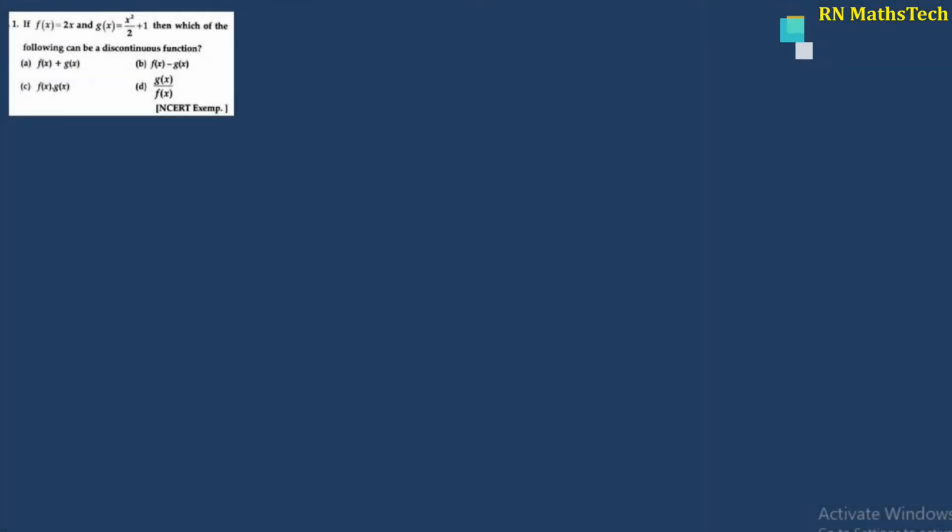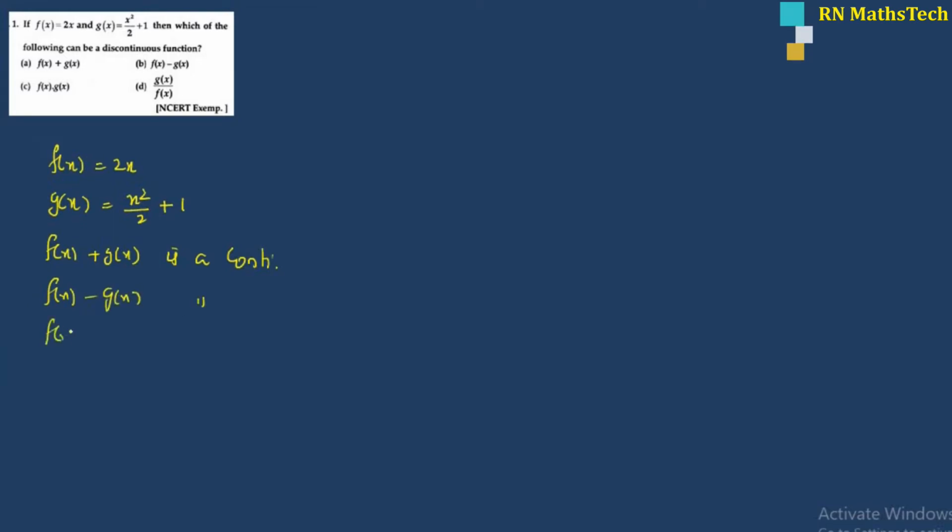If f of x is equal to 2x and g of x is equal to x square by 2 plus 1, then f of x plus g of x is a continuous function, and f of x minus g of x is also continuous, and f of x into g of x is continuous.